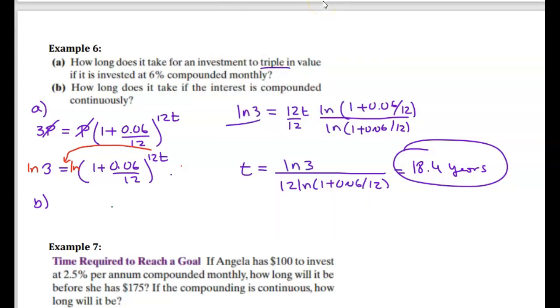So same problem, we want to triple it. So for continuous interest, we have the principal e to the RT. So interest rate is 0.06 times the time, and we want the amount to triple, so 3p. Divide this, so we have 3 equals e to the 0.06t.